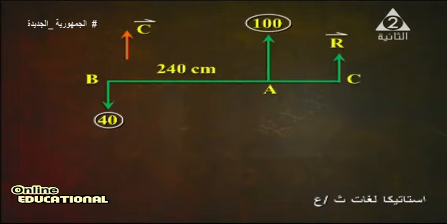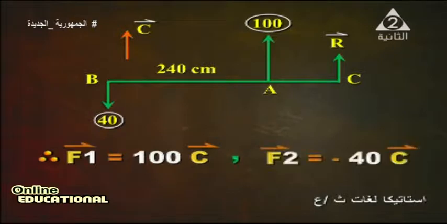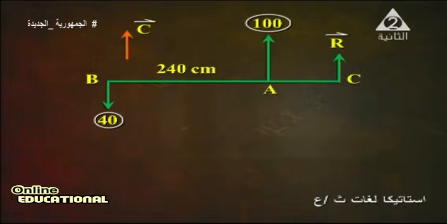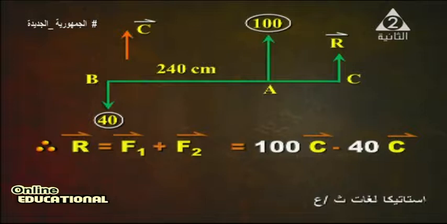Therefore, my dear student, F1 equals 100 C vector, F2 equals negative 40 C vector. R equals what? F1 plus F2. But in this case, F2 is negative 40. Therefore, by substitution, 100 C minus 40 C, the answer is 60 C.